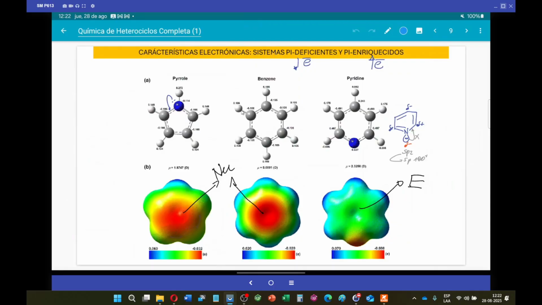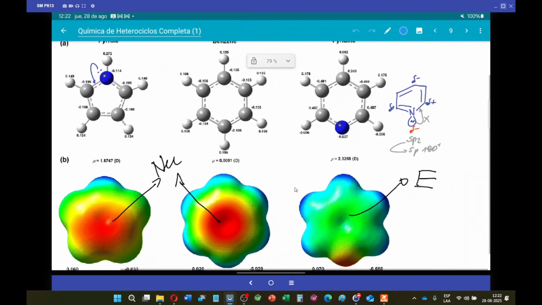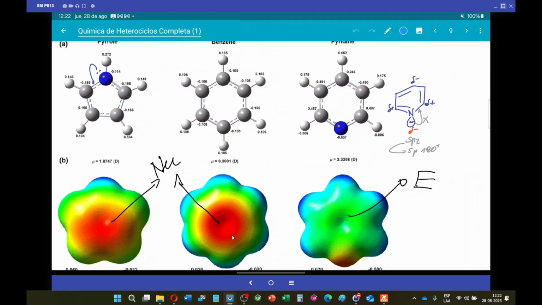Here in the center is the benzene ring. See how it concentrates on the benzene. And this one here is electro-enriched, nucleophilic, red color. It means that there are many electrons. But pyridine, how did the green ring remain? That is, with low electronic density, because the nitrogen is red.